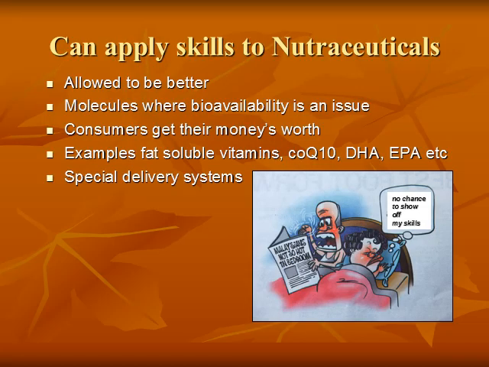Bioequivalence can also apply to nutraceuticals, meaning supplements, and it is allowed to be better for molecules where bioavailability is an issue, so that we can always improve the formulation to increase the bioavailability, so that the consumer can get their money's worth from the products.